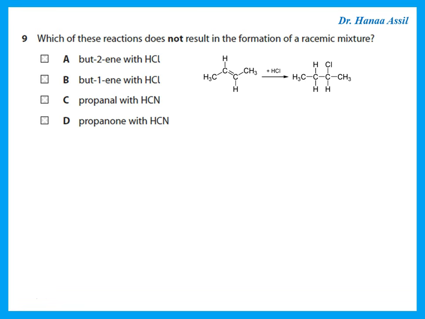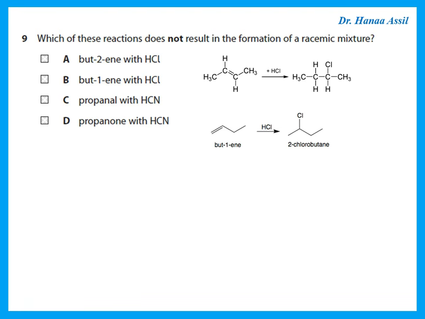Butene plus HCl. Do I have a chiral center? Yes. Then this would form a racemic mixture because the chloride ions and the H plus will attack. Remember that a double bond is planar and the nucleophile can attack from either side. So I will have the 2 optical isomers of the product. The same with this.